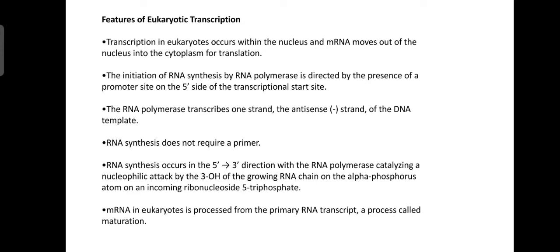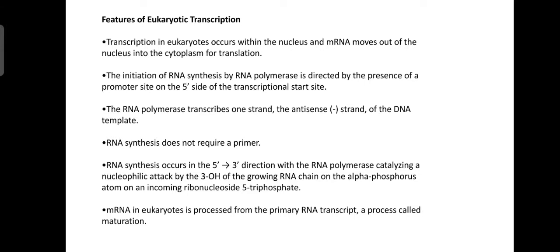All the processes of transcription will take place in the nucleus, and after the formation of the mRNA, or primary transcript or pre-mRNA, it will move out of the nucleus to the cytoplasm for the translation process.